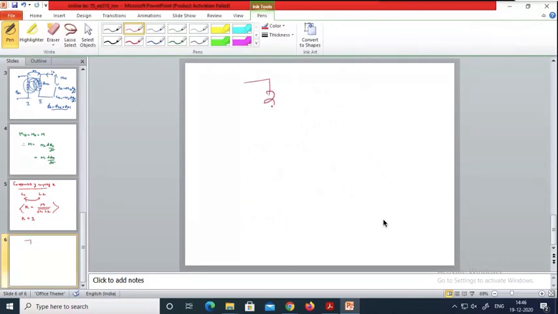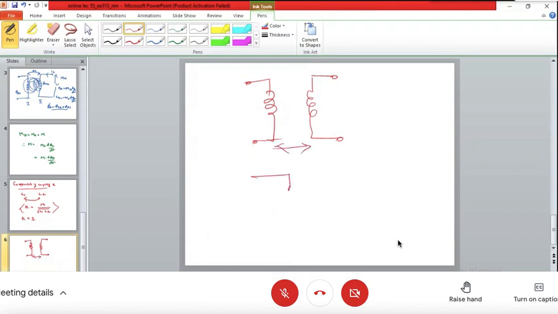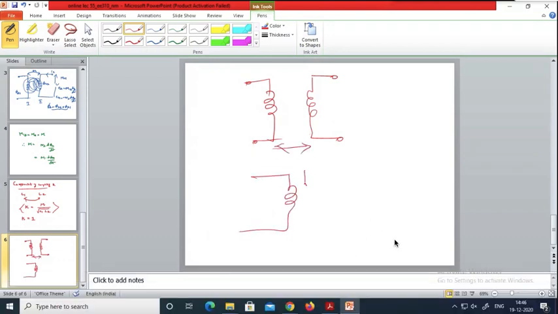So for example here, what would happen? In the first case they are physically separated like this, and in the second case they are very near to each other.